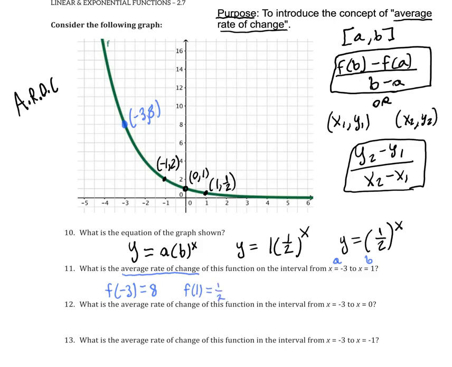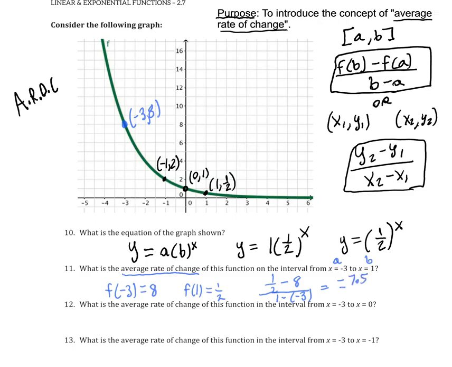So to find the average rate of change, we would be looking at 1/2 minus 8 divided by 1 minus -3. And so 1/2 minus 8, or 0.5 minus 8, is -7.5.